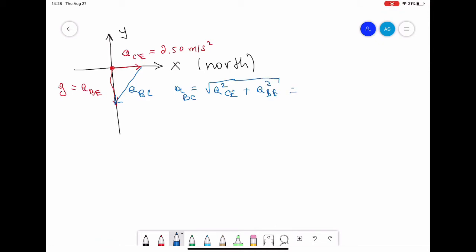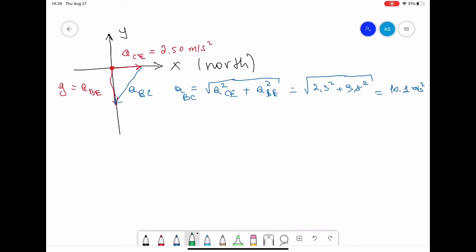Now let's plug in the numbers. Acceleration of the car relative to the Earth is 2.5, squared, plus 9.8 squared. If you do the calculation, you will find that it's equal to 10.1 meters per second squared. Now, you can also find the angle.